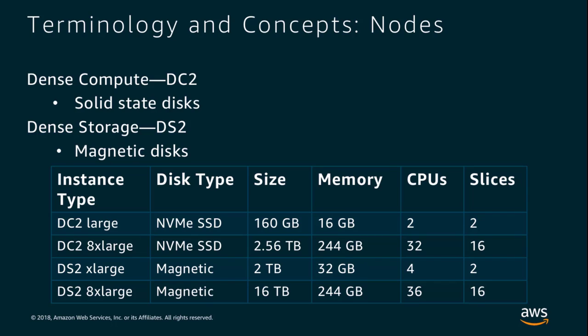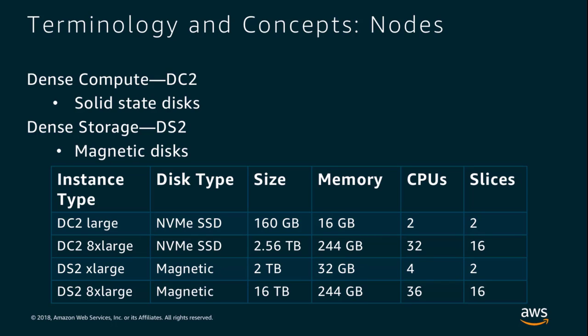So talking about moving into the compute nodes, we have 2 different flavors of these. We have our dense compute and our dense storage nodes. And the main difference between them is the fact that the dense compute are made up of SSDs, whereas the dense storage are made up of magnetic disks.